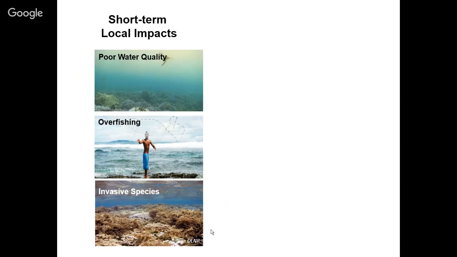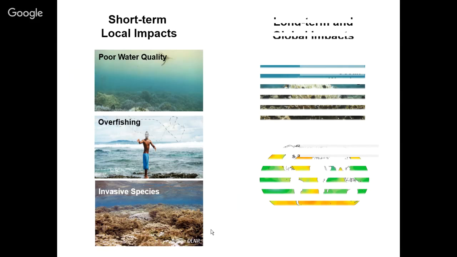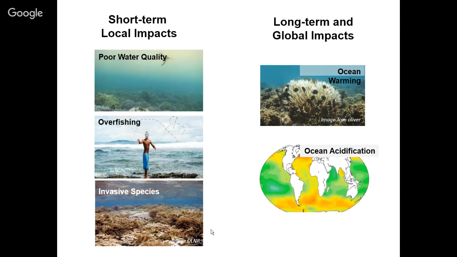And we also have a problem with invasive species, which are also impacting the reefs. Now, there are also long-term global impacts, such as ocean warming and ocean acidification. Here in Hawaii, we just experienced an extreme bleaching event in which a number of our reefs crumbled from too warm of water.